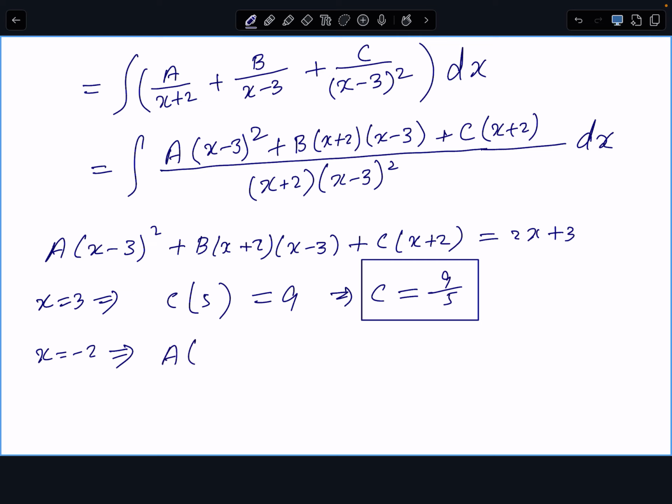This is A times minus 5 squared equals minus 4 plus 3, which is minus 1, right? Because we have x equals minus 2. 2 times minus 2 is minus 4, plus 3 is minus 1. Minus 1.